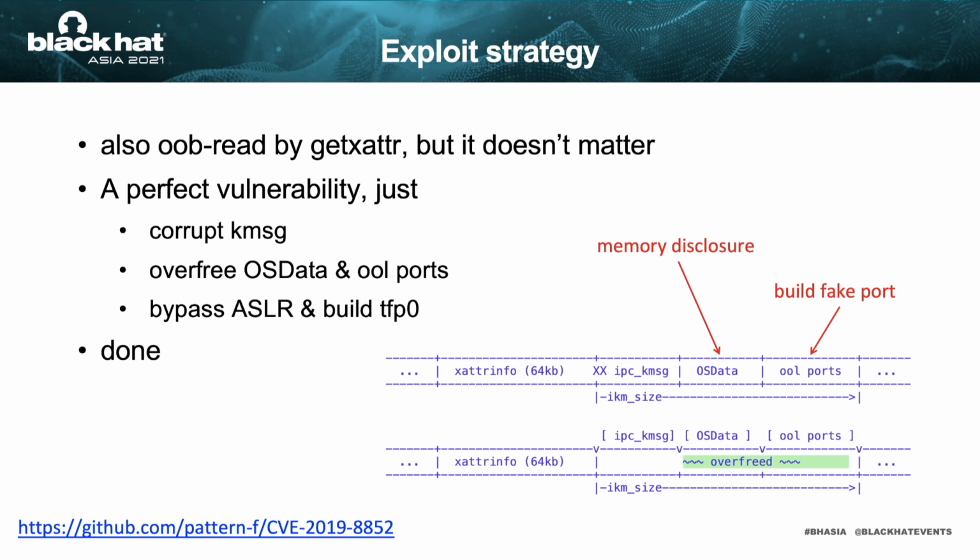The overfree target is an OOL port and an OSData. The OSData object serves to disclose kernel memory, and then as before, you can build a TFP0. Done. I will not discuss the details of the exploit process. You can find the exploit code in my GitHub. The link is given in the bottom left corner.